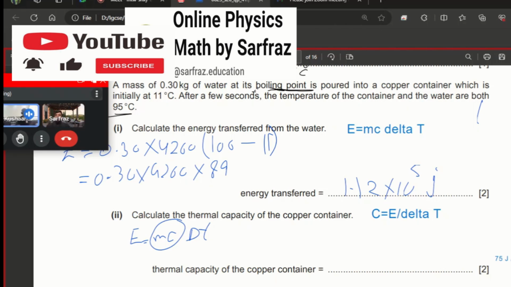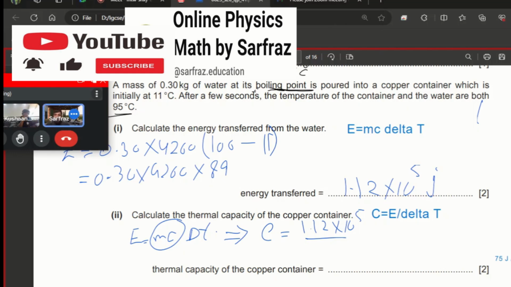Okay, sir, yes, I get you. So C is E over delta t. E is 1.12 times 10 raised to the power 5, and what is delta t for this container? The energy transferred is 1.12 times 10 power 5 divided by the final temperature minus the initial temperature of the container.